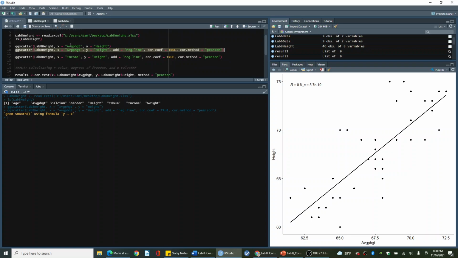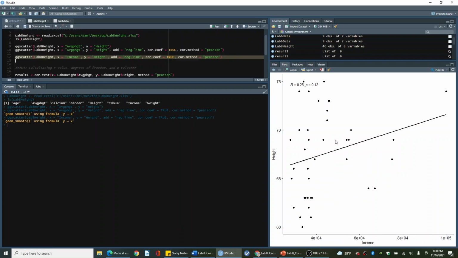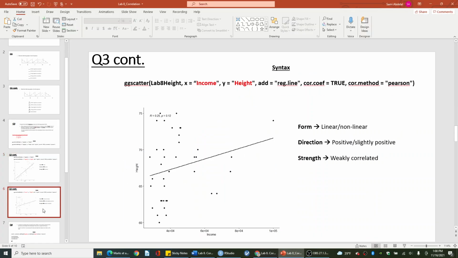The only thing you need to do is change your x-axis to whatever independent variable you're looking at. Then we can run it, and we get something that looks like this. So we have our regression line, our correlation coefficient, and our p-value here. And let's go back to our presentation.